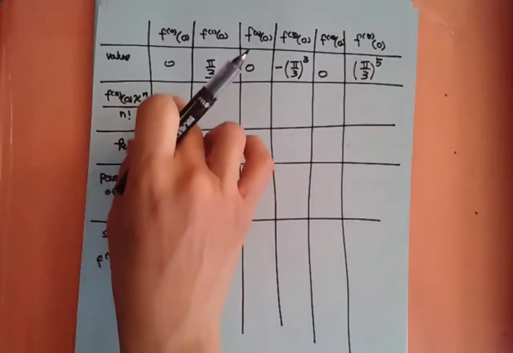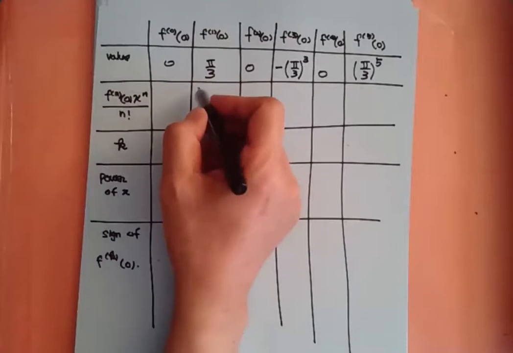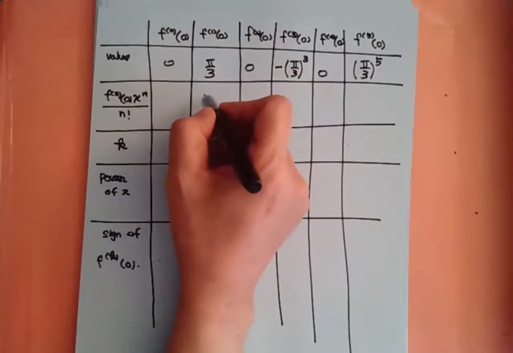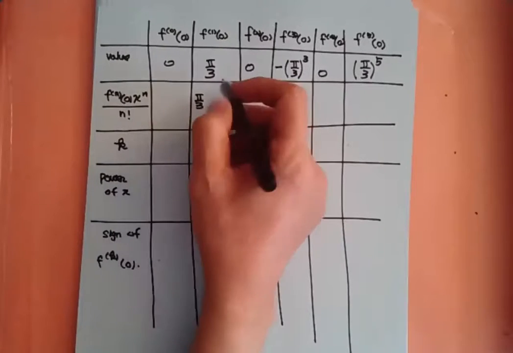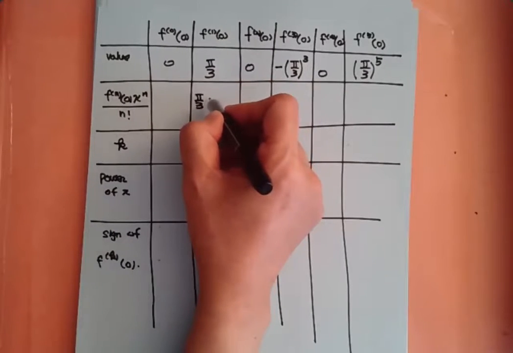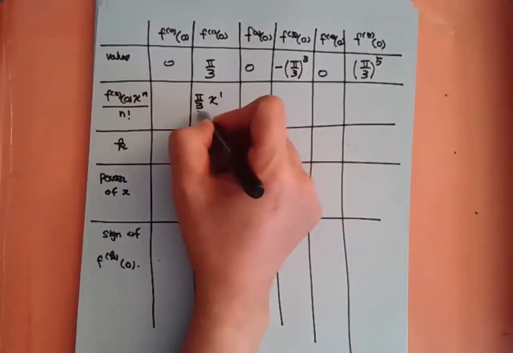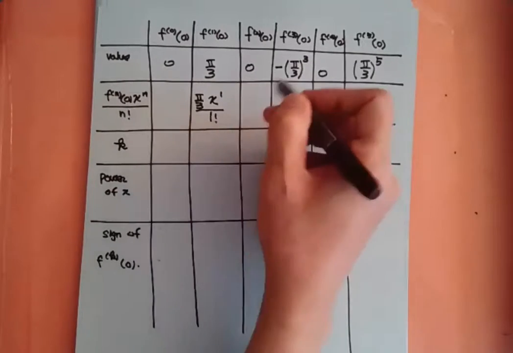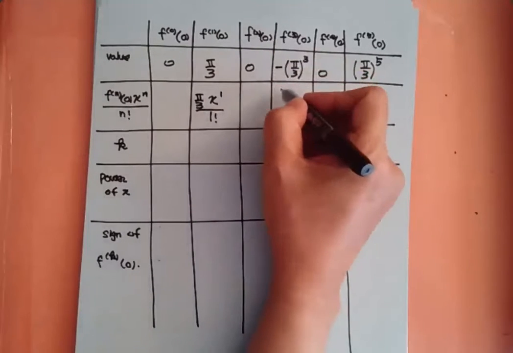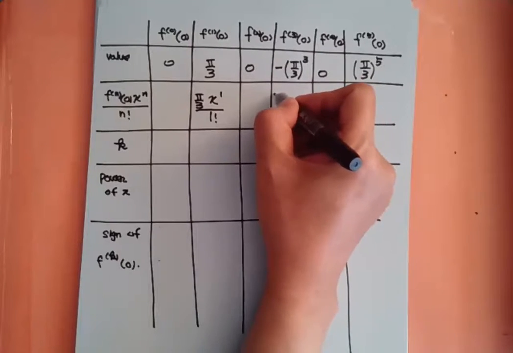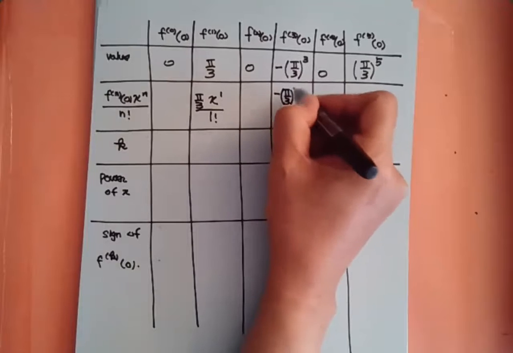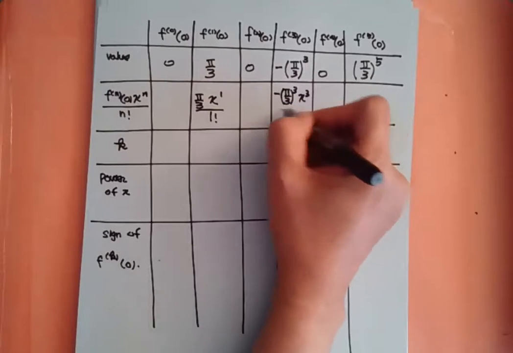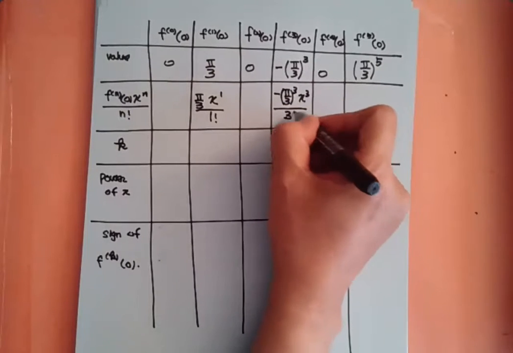This one will be 0, and this is the first derivative, and so it becomes pi over 3 x to the 1 power over 1 factorial, and the 0 term vanishes, and then this one becomes negative pi over 3 cubed x cubed over 3 factorial.